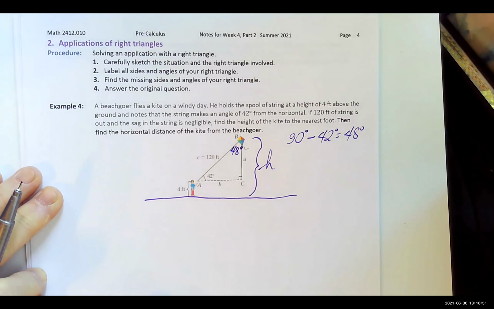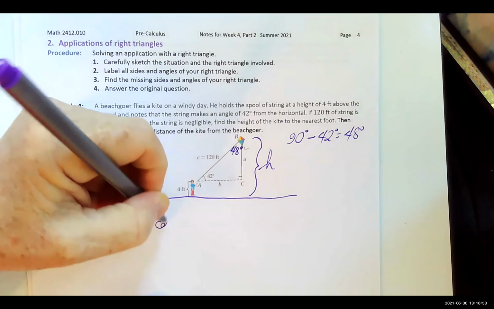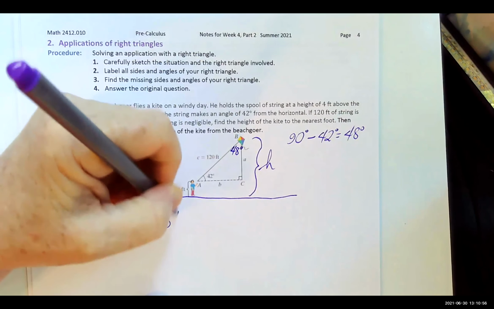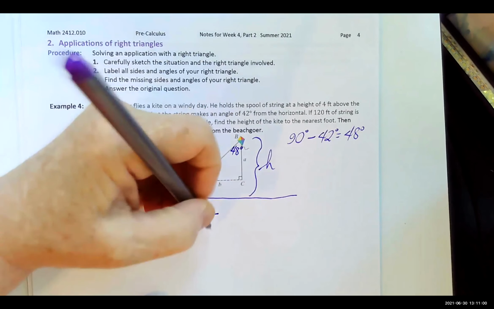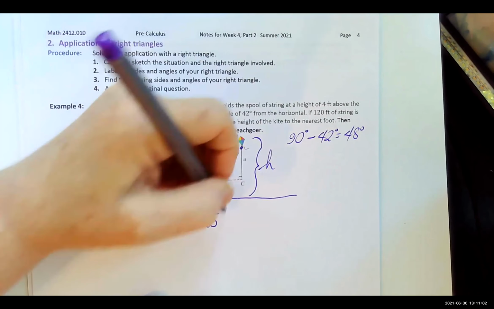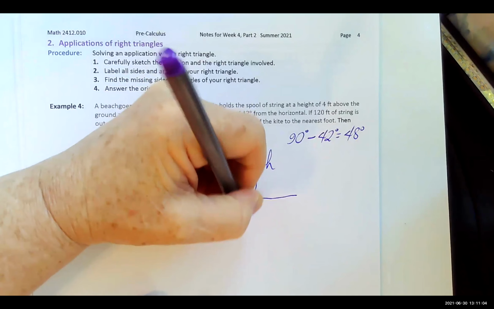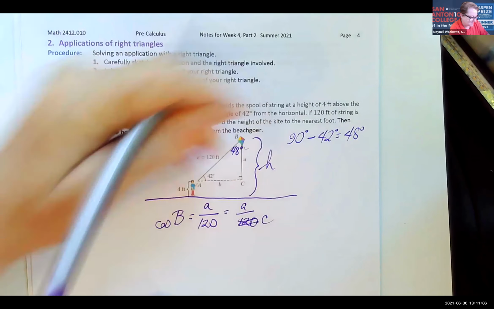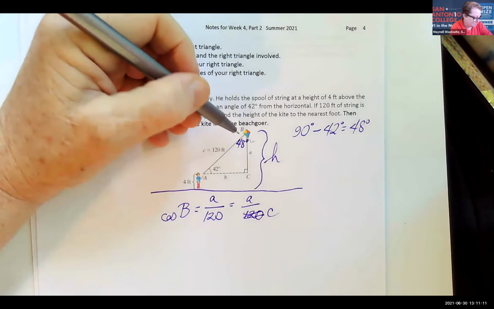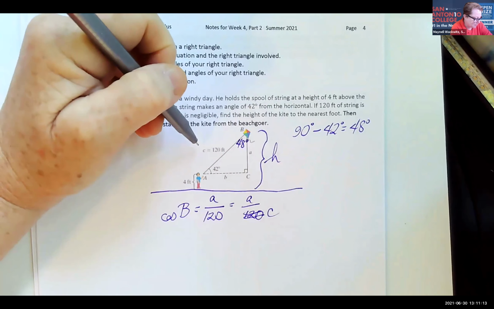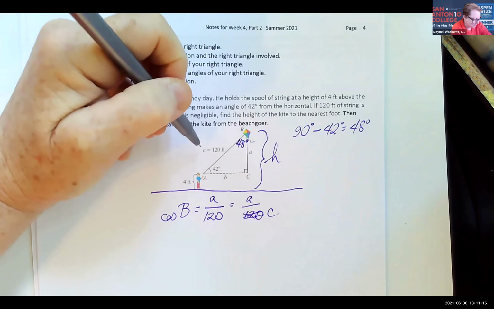Now cos B is equal to 120 over, I meant to put C the second time. Okay, very good. So we know that the cosine of B is adjacent over hypotenuse.